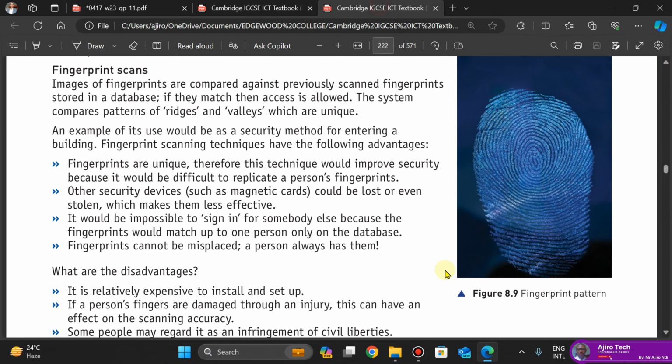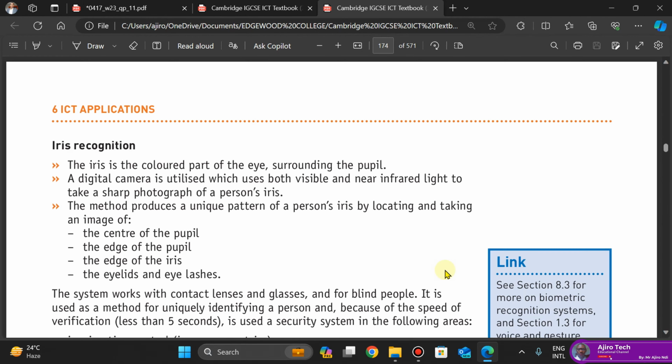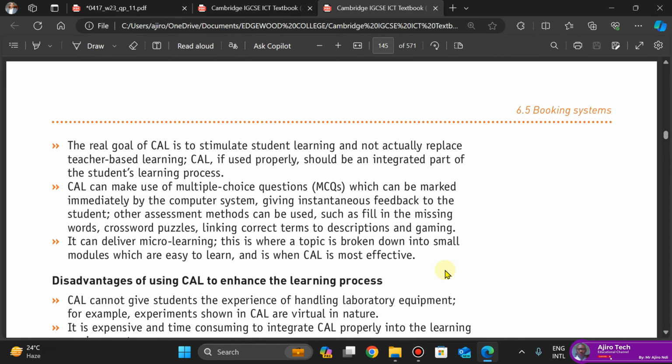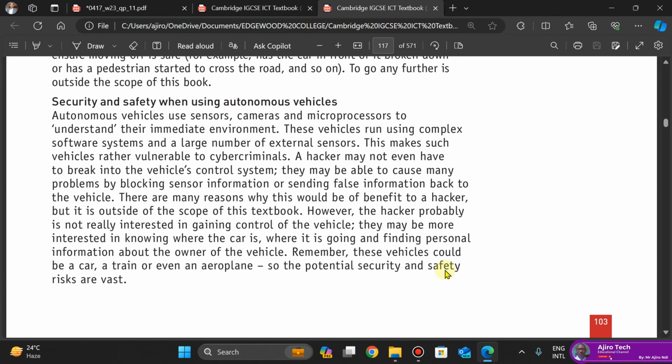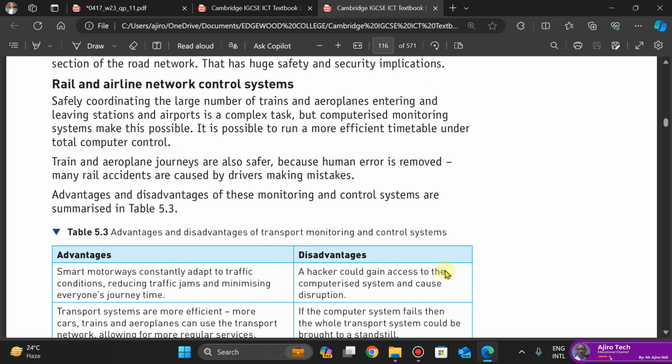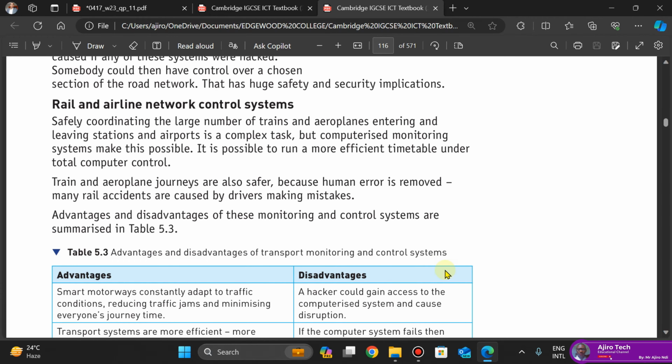You see this here in chapter 5. Now you see here. Scroll up. Now this is for transport.